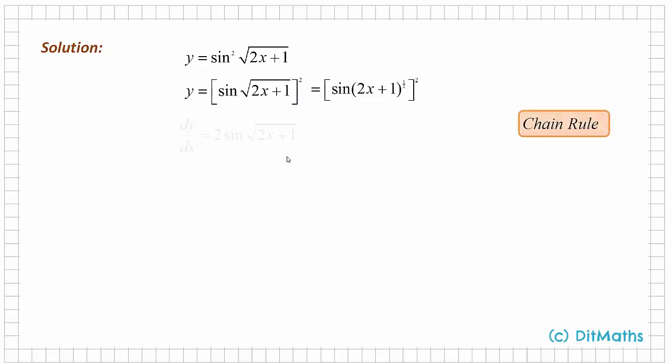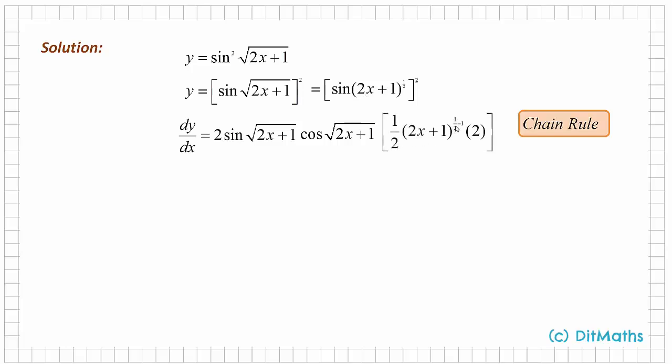So dy/dx will be twice the whole thing to the power of 1 times the bracketed term differentiated. So differentiate sine of root 2x plus 1, we get cos of root 2x plus 1. And now differentiate root 2x plus 1, which will be a half times 2x plus 1 to the power of minus a half, and differentiate the bracketed term, we get 2.